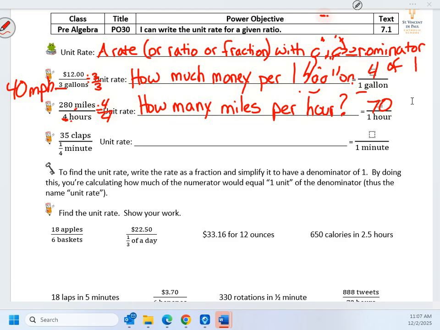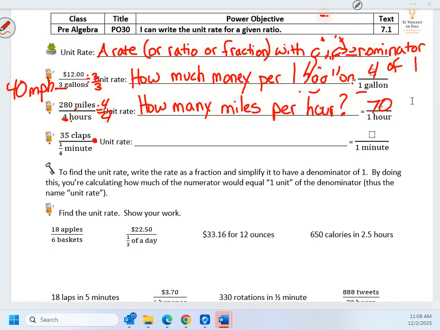Because 1/4 divided by 1/4 does not get me 1. What am I gonna divide 1/4 by to get me to 1? Do I divide 1/4 by something to get to 1? What am I gonna do, Ellen?